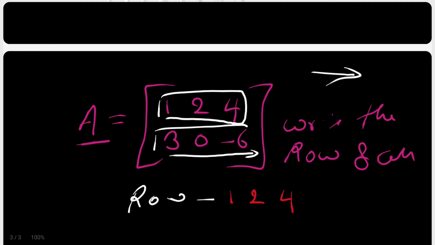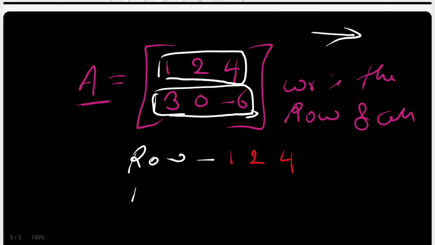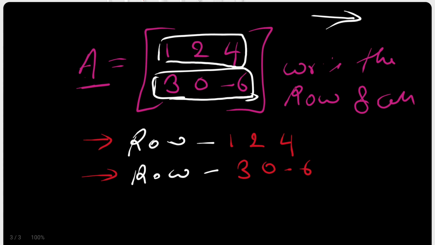This means that this is also our row. So we can write another row here, 3 0 minus 6. Is it clear? Right now I'm asking you to write the column.